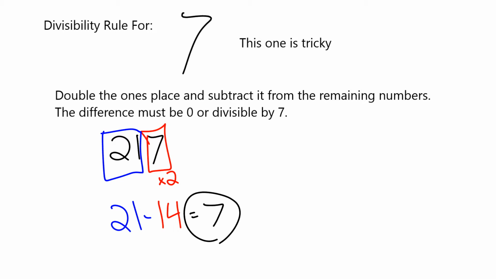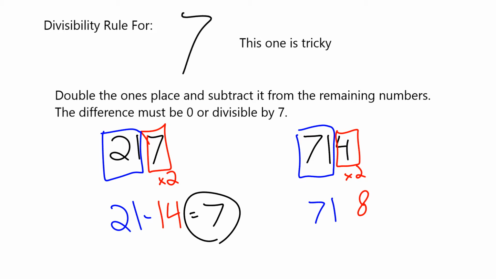Let's try another one. What about 714? First look at the last digit and double it. Also, take the remaining numbers, making 71.